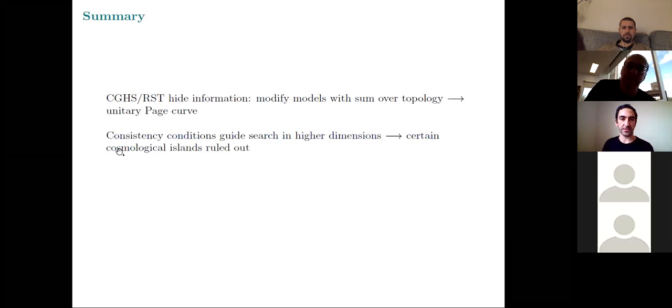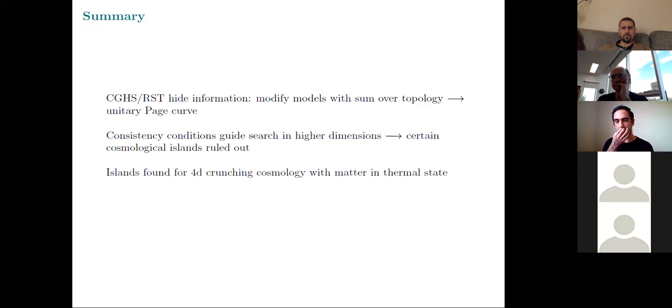The other point is that these consistency conditions, I talked about two of them in this talk, can guide the search for islands in higher dimensions, and we use them to rule out certain cosmological islands. And we use them to rule in and then actually check and construct islands, at least in the case of a crunching cosmology, where the matter was taken to be in a thermal state.